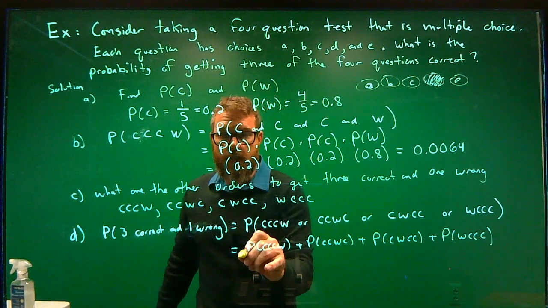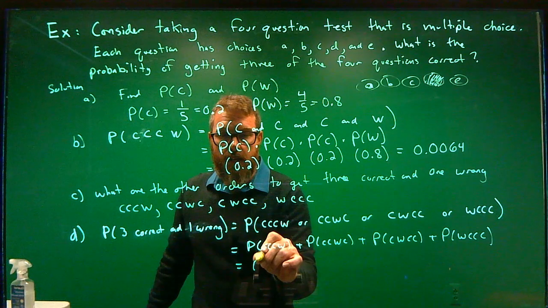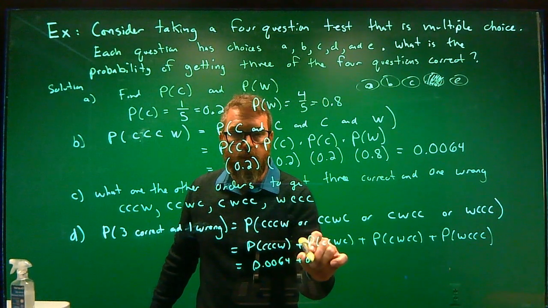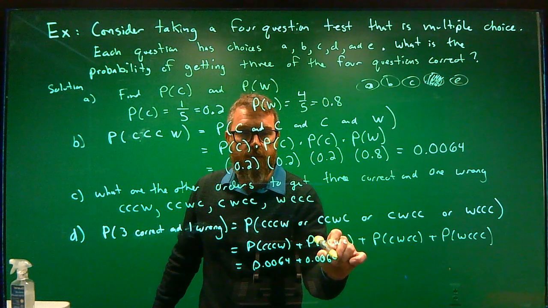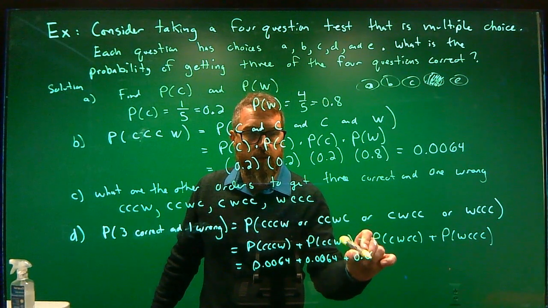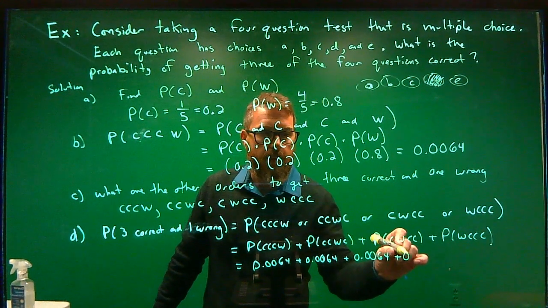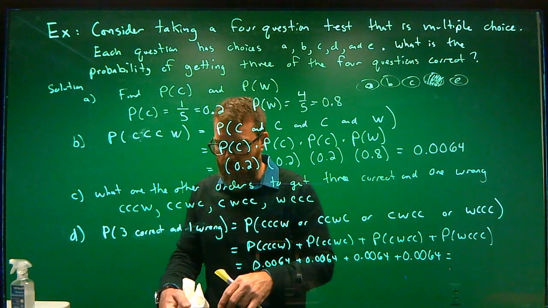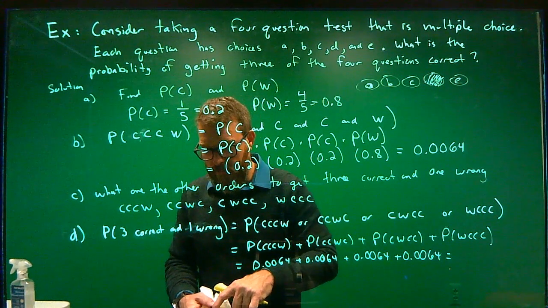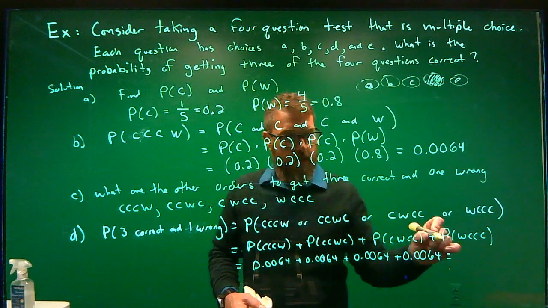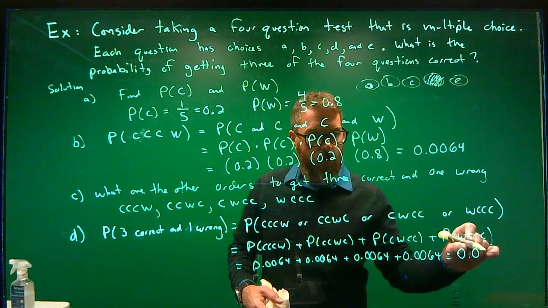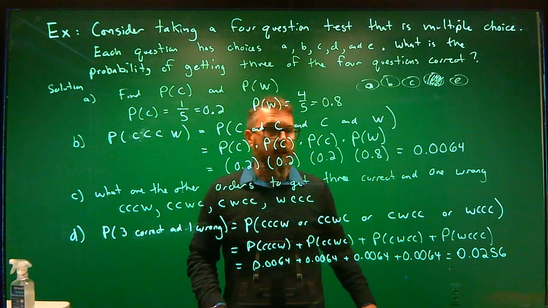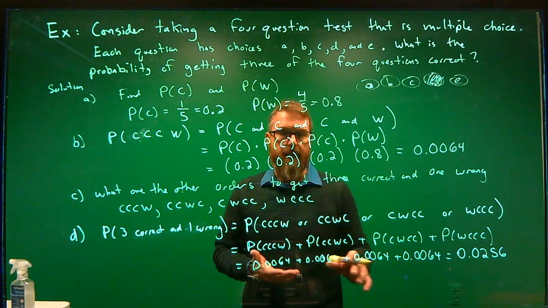And each one of these things is going to be equal to 0.0064 plus 0.0064 plus 0.0064 plus 0.0064, which is going to give us 4 times that, which is 0.0256. So pretty unlikely for us to get 3 out of 4 just by guessing.